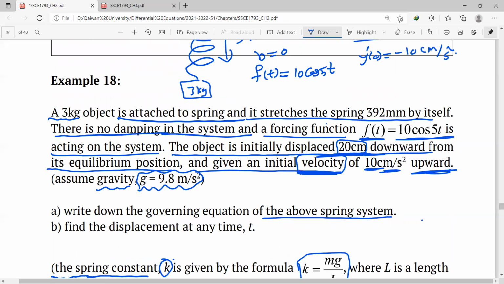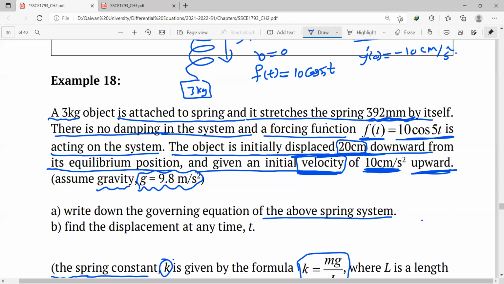Centimeters is in the displacement, and also in the initial displacement and the initial velocity. I also have millimeters in the stretched spring, which is 392. These are all units of length, so we must write them all with the same unit.